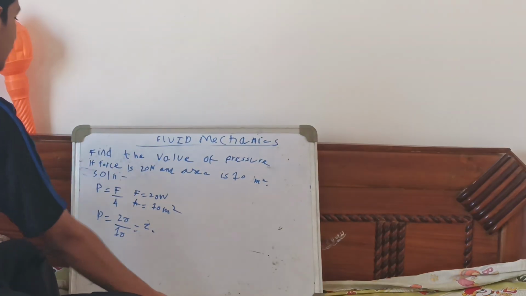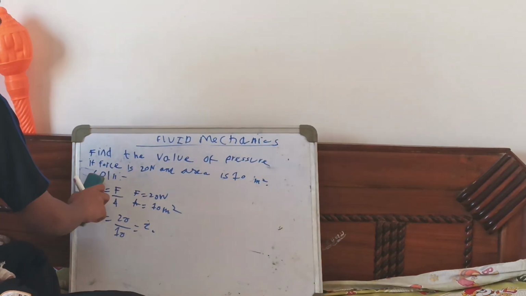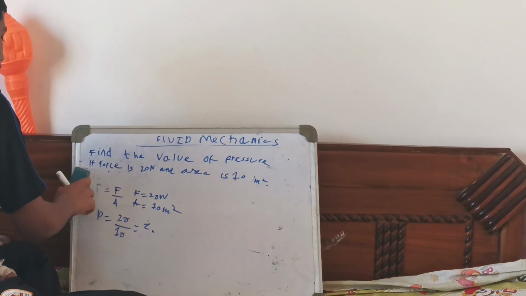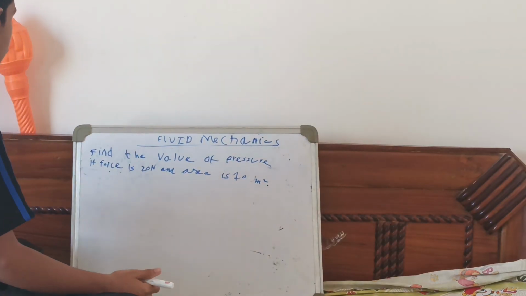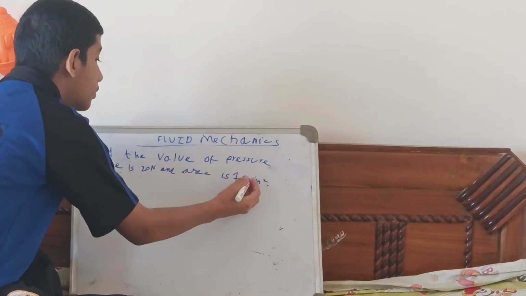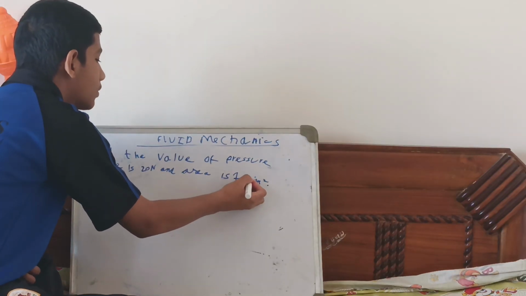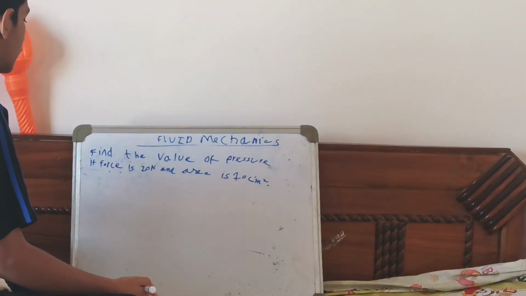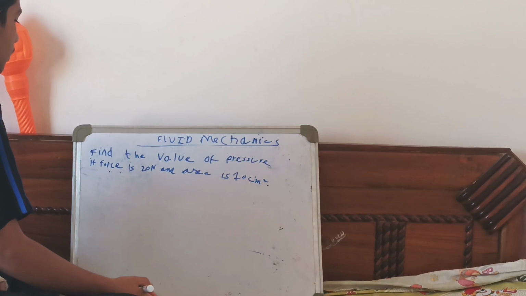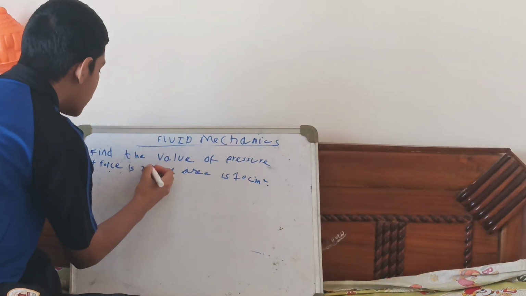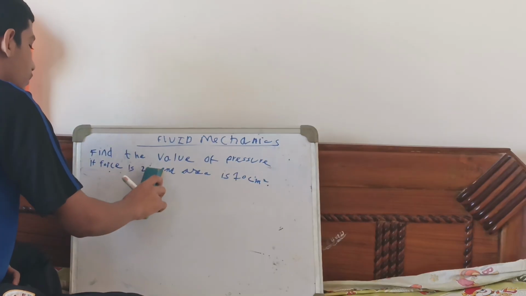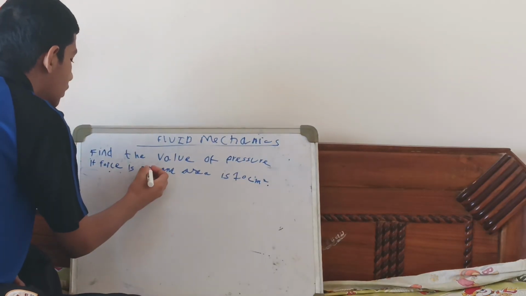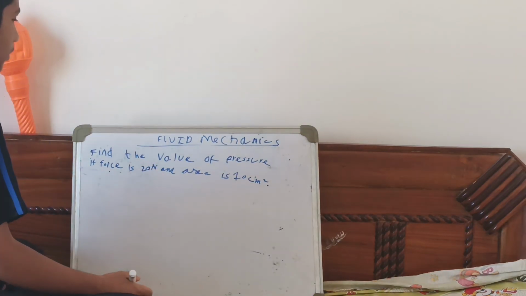I hope you understand. Now I will twist the question a little bit. Suppose in the place of meter square, centimeter square is there, and kilonewton is there, and Newton is there.